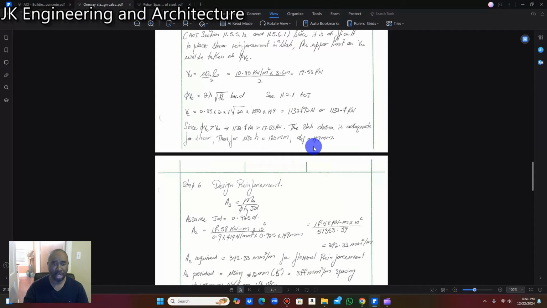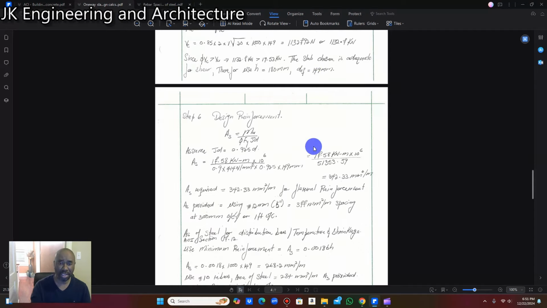Now we go to the most crucial step, which is the design of the reinforcement. The formula for that is area of steel equals the ultimate moment over phi times the yield stress of steel times jd. We're going to assume jd equal to 0.925 times the depth.